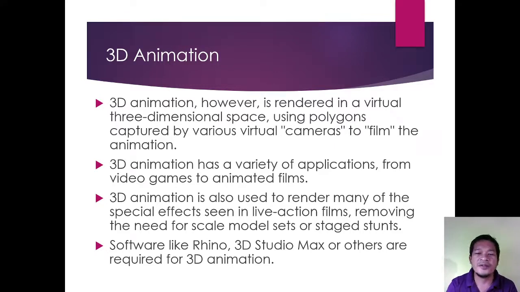It is also used to render many of the special effects seen in live action films, removing the need for skilled model sets or stage stunts. Software like Maya, 3D Studio Max, or others are required for 3D animation, but I am using only Adobe After Effects for our 2D and 3D animation tutorials.